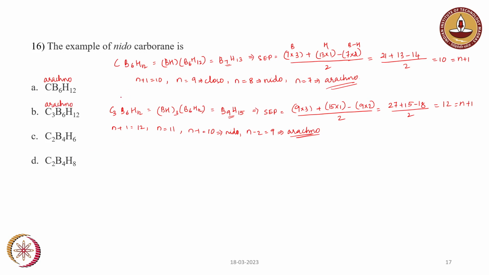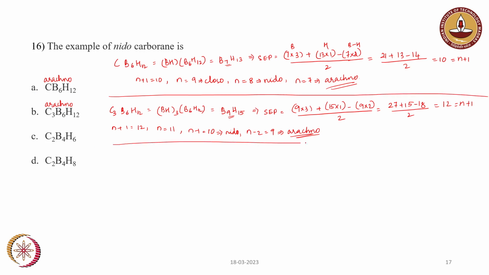Next one is C2B4H6, that is BH2 and B4H6, that is equal to B6H8.